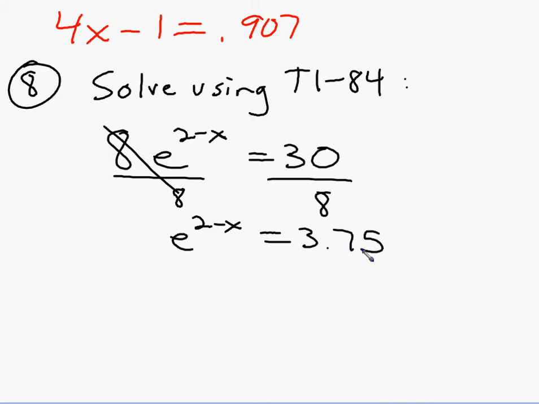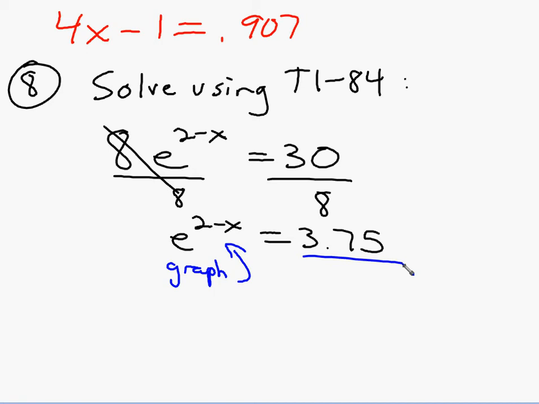Now, just so you understand our thinking, what we're going to do is we are going to graph this, okay? And we're going to look for where it is equal to this. All right? Now, we've done this before, all right?